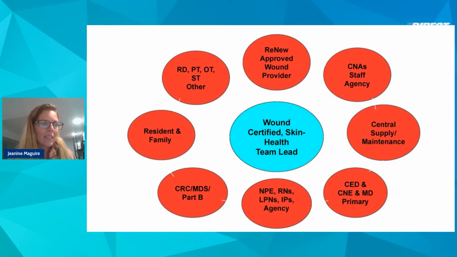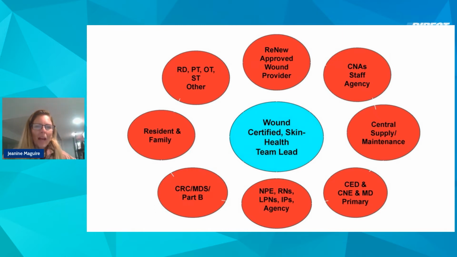So when you look at this, it's the provider, it's the CNAs, it's central supply, it's the administrator, the director of nursing, the primary physician, the educators, all nursing staff, including agency, who are part of that team. So we have to figure out how to pull them in. It's your MDS coordinator, your Part B coordinator for wound supplies, the resident, the family, the therapist, the dietitian, the dentist.